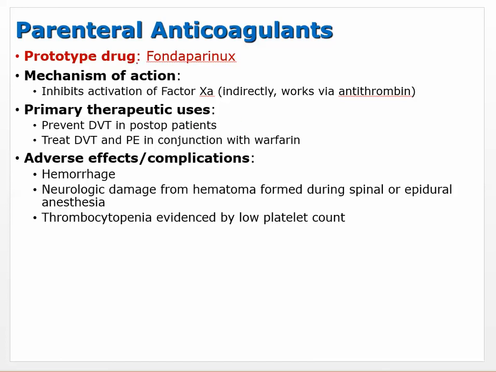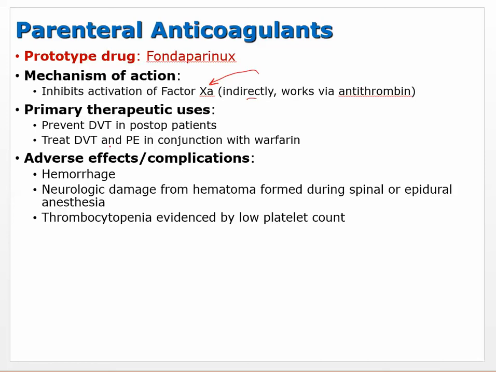So another one is fondaparinux, and that inhibits activation of factor 10A. This is the one that works indirectly. We'll see rivaroxaban later, which directly inhibits it. So this is an indirect inhibitor of factor 10A. It works via antithrombin, but it is more selective to 10A.